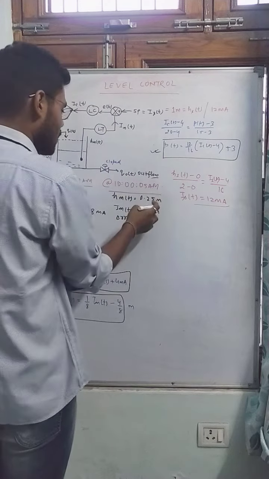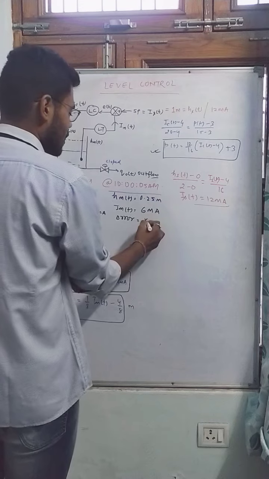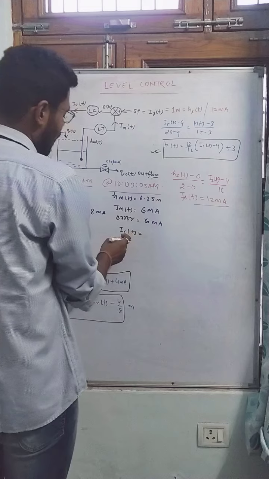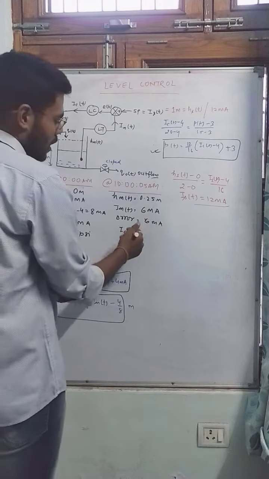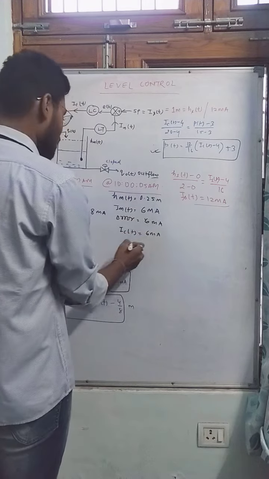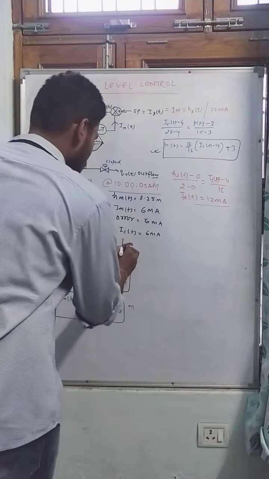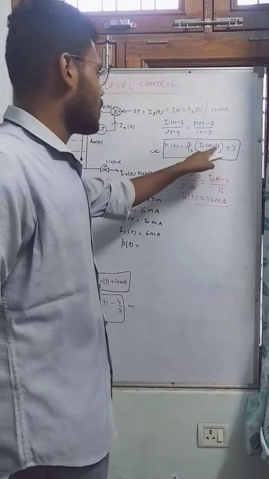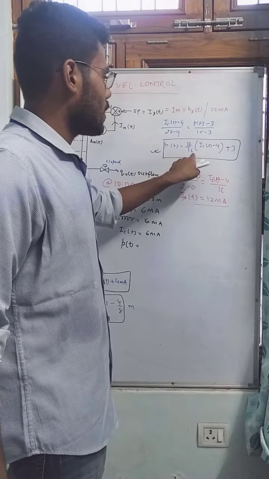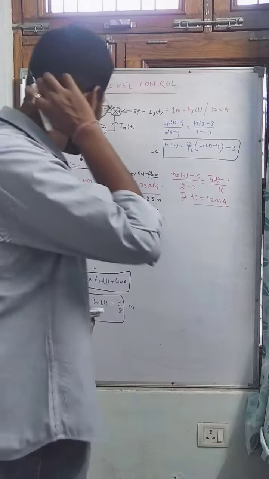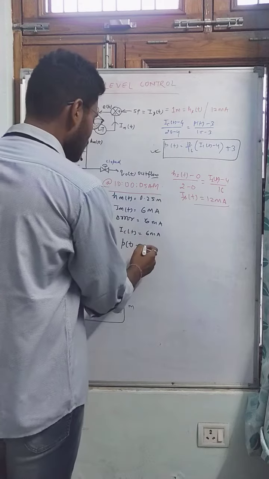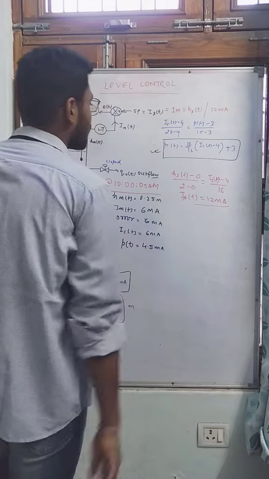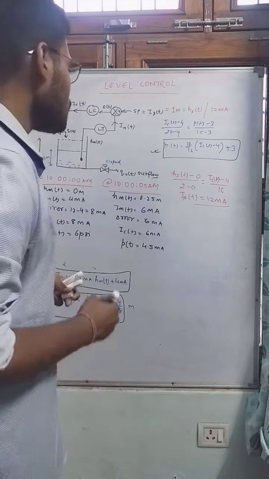Error is set point minus measured: 12 minus 6, so 6 milliampere. So now again the controller will generate some output corresponding to the error, which is also 6 milliampere. What will be the corresponding pressure at the inlet valve? Put 6 here: 6 minus 4 is 2, 2 by 16 is 1 by 8, 12 by 8 plus 3, that means 3 by 2, 4.5. Yes or no?